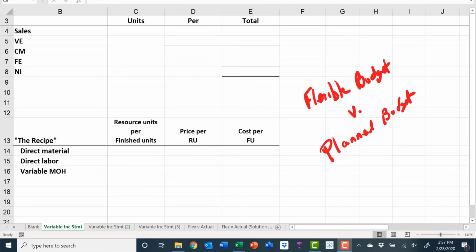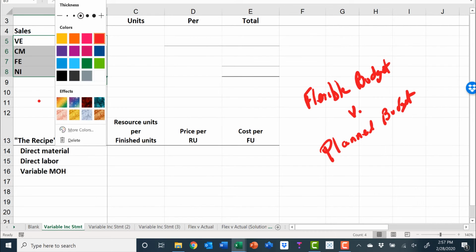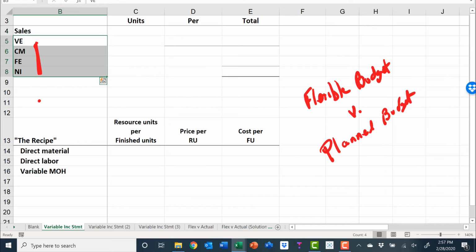So the flexible budgets, the thing you have to remember is we're really starting from our old friend SV Company, and then our units, our per unit, and the totals. So this is something you already know how to do, and we're just building off of that capacity.